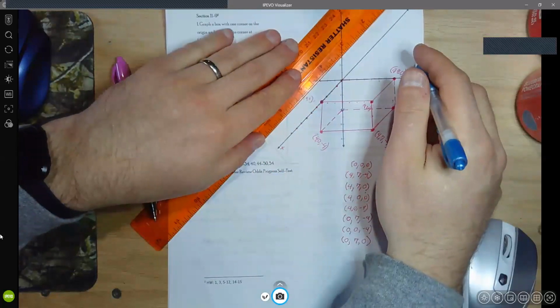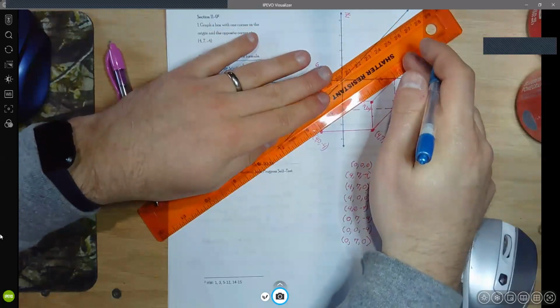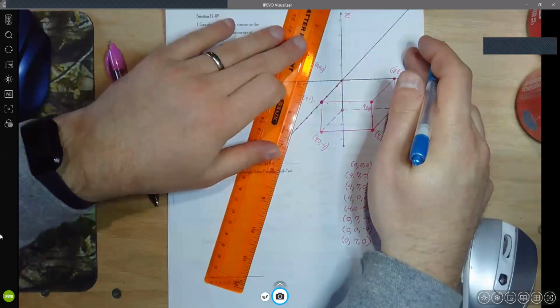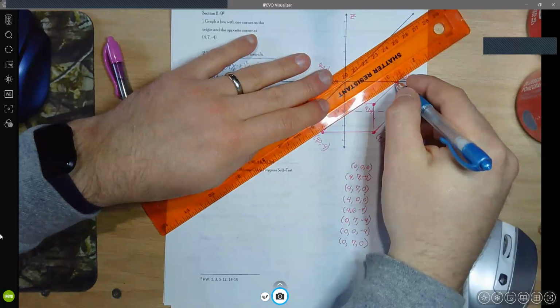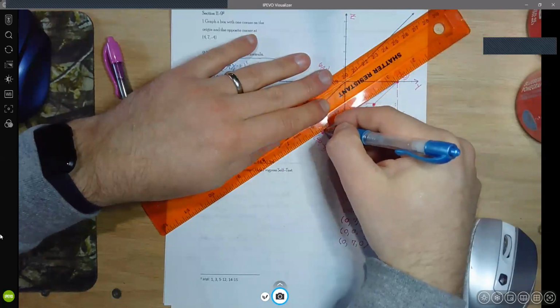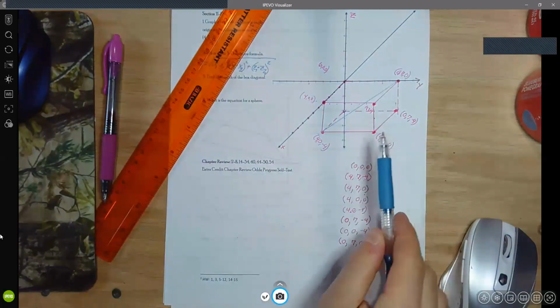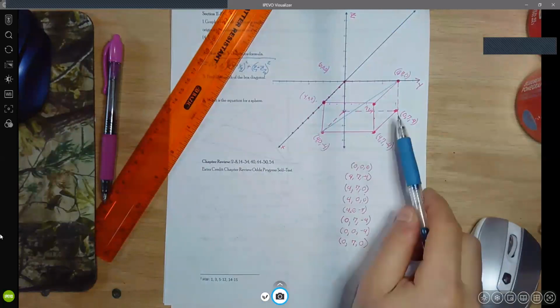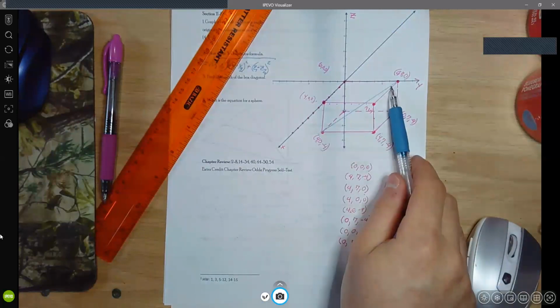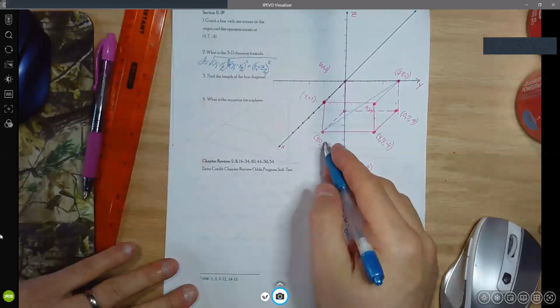I don't know which one's easier to see. Maybe we'll do this one. Okay, so that diagonal goes from the bottom of the front corner to the top of the back corner. And so the question is, what is that distance?